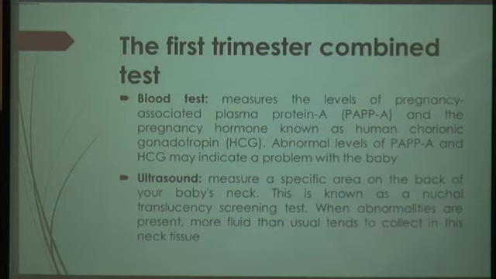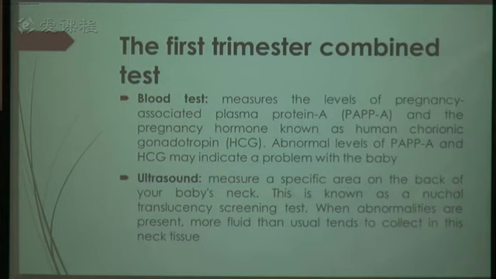They have a normal or standard level of these proteins, and if it deviates too much from that level, meaning abnormal levels, it will indicate a problem with the baby. In this case, it may indicate Down syndrome.